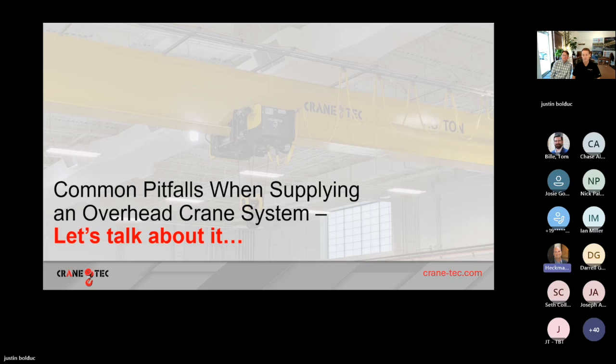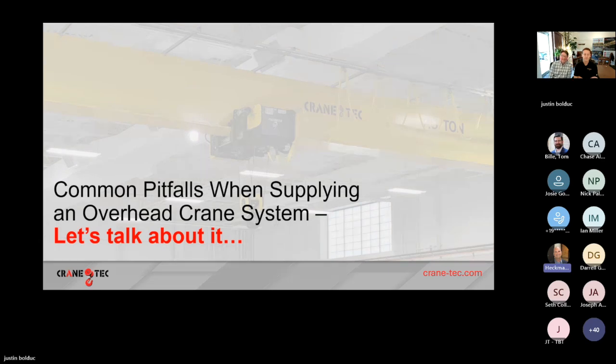It just tidies things up in terms of who's playing what role in material supply. Where do you draw that line? Oftentimes we'll provide the beams, somebody else provides the rails, or the crane manufacturer would, and for us to re-interject ourselves and say, oh yeah, we have those crane stops. That's just a personal preference on my end, so that's something to consider.